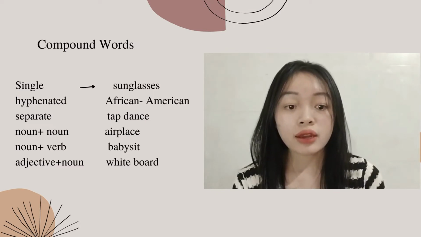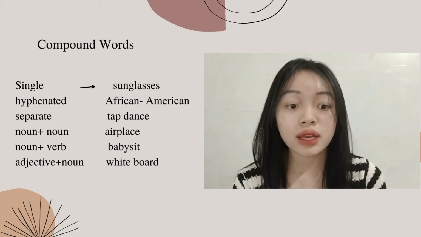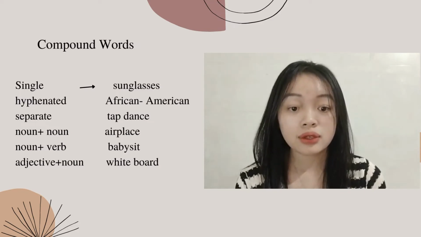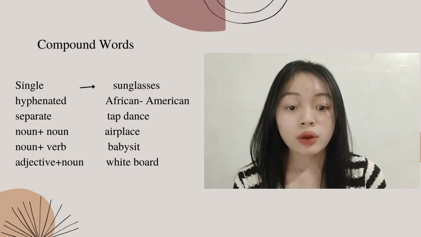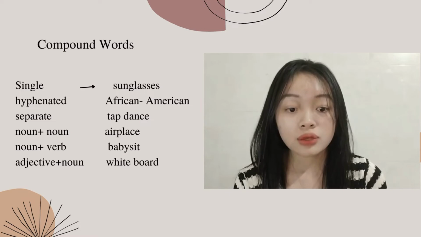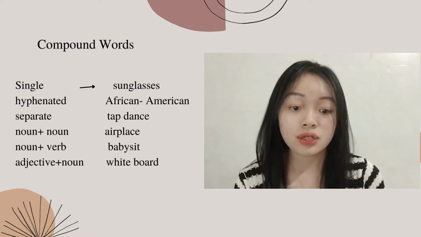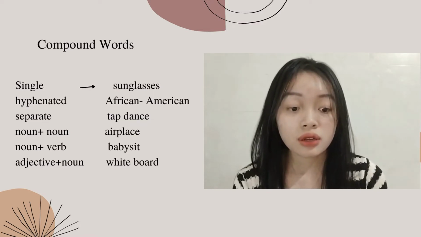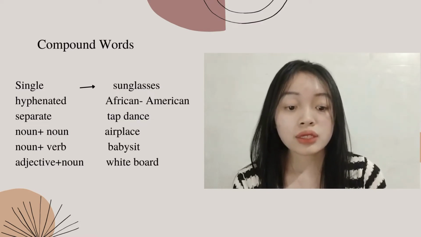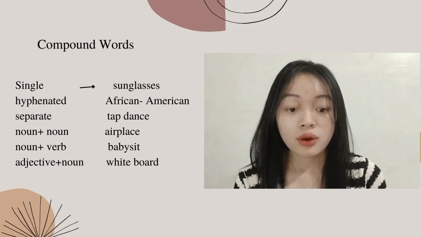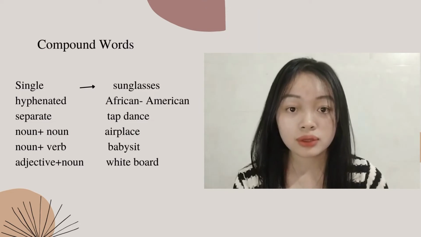So we can have a noun and a noun like airplane, and a noun and a verb like babysit. We're not sitting on a baby. It is actually when you take care of a baby. And an adjective and a noun, like white board.